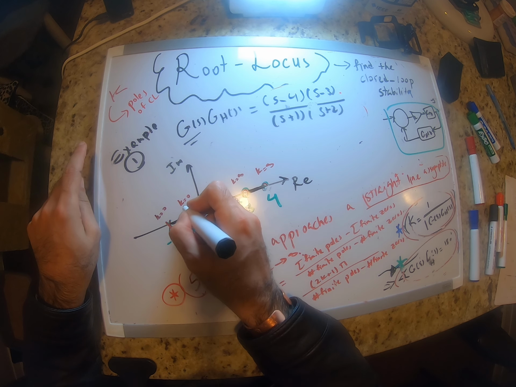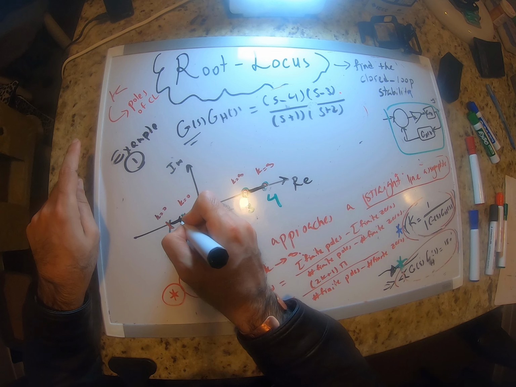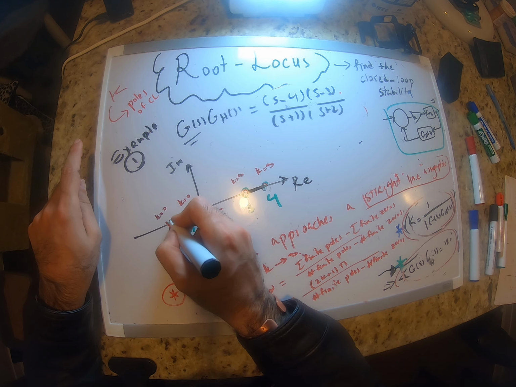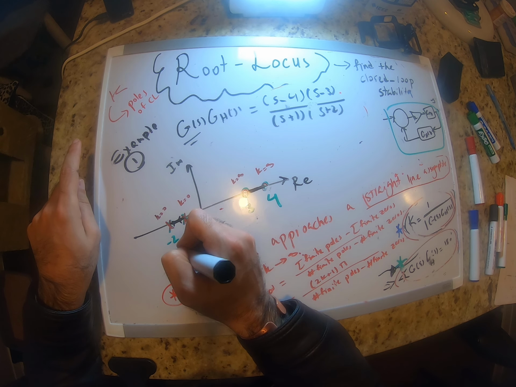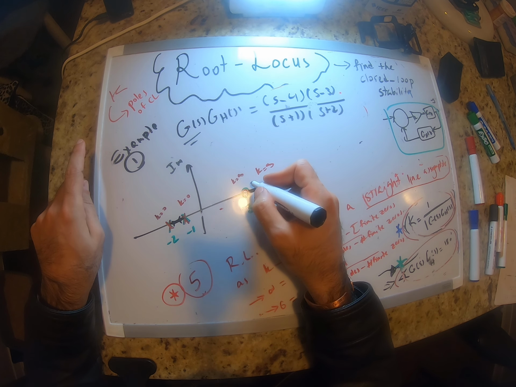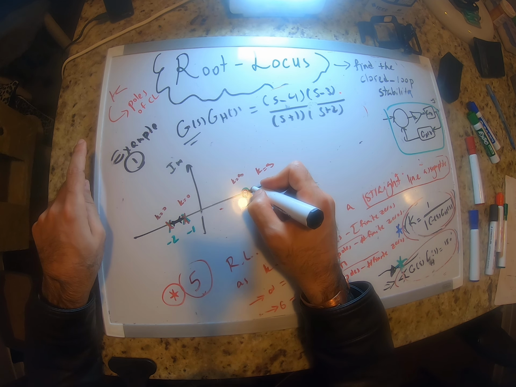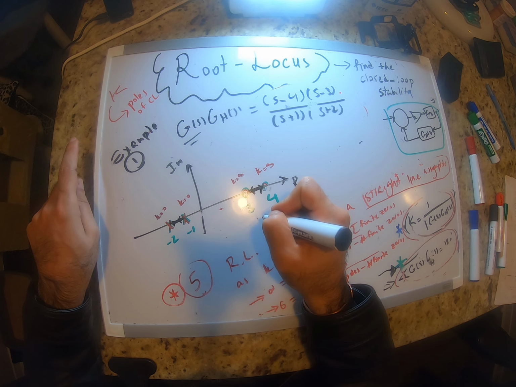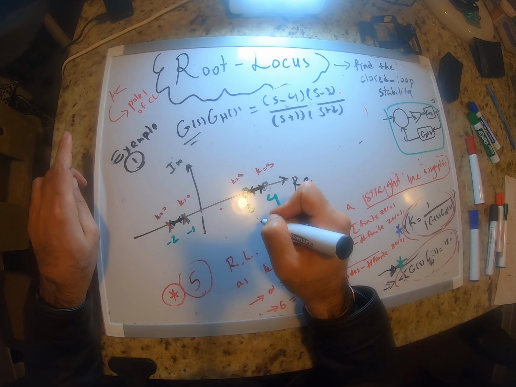So we said that one pole is gonna start moving from here. The other one is gonna start moving from here. One pole is gonna end at this point. The other one is gonna end at this point. Okay.